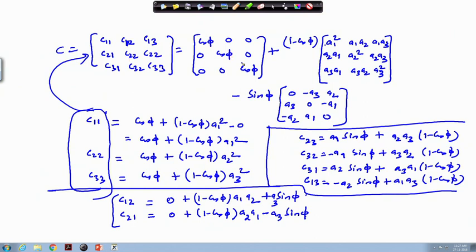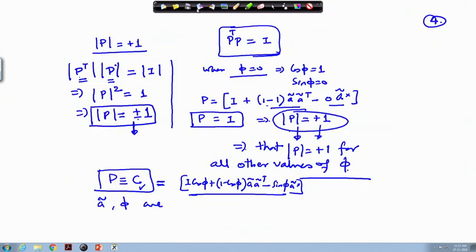So, given phi, the rotation angle about the eigen axis, and this vector A itself, which is constituted of A 1, A 2 and A 3, we will be able to find out this C, the rotation matrix.